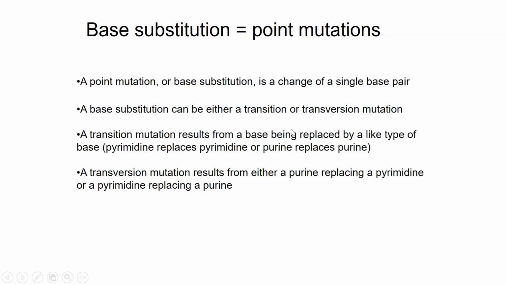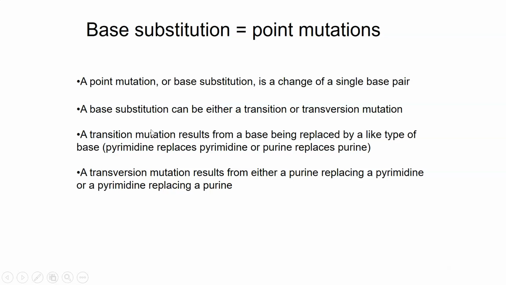Now there are 2 ways you can describe this: a transition point mutation versus a transversion point mutation. A transition changes one base to another base of the same kind. So it changes a purine to a purine. For example, guanine to adenine, they're both purines, or vice versa. Or it changes pyrimidine for pyrimidine, thymine for cytosine.